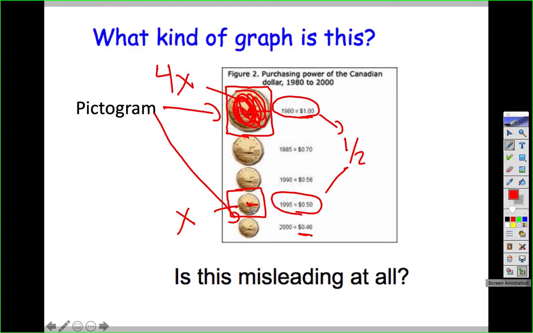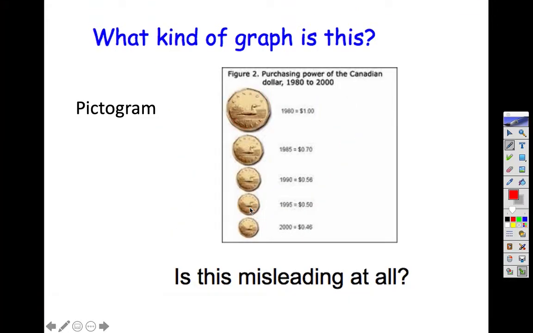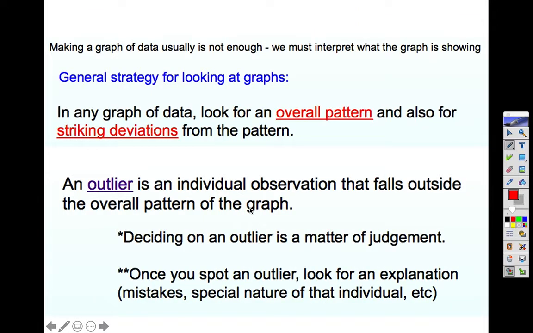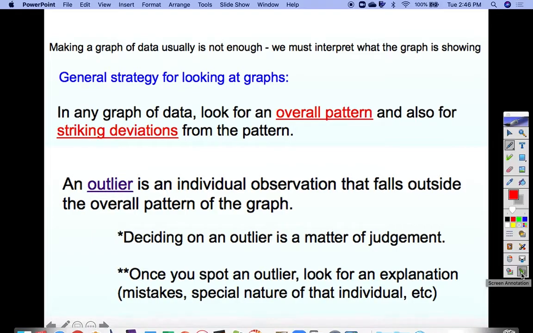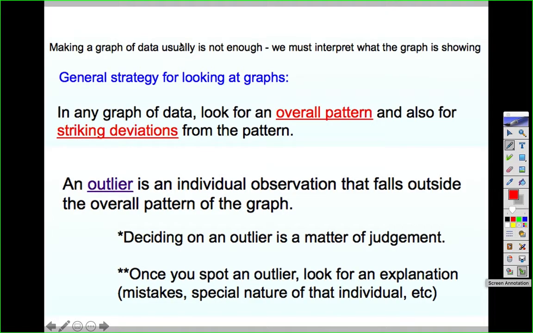We're going to try and not make those mistakes in this class, and we are going to try and make good graphs. So when we look at a graph, we are going to try and look for some very important general features of a graph. Now, I like to call it CUSS.